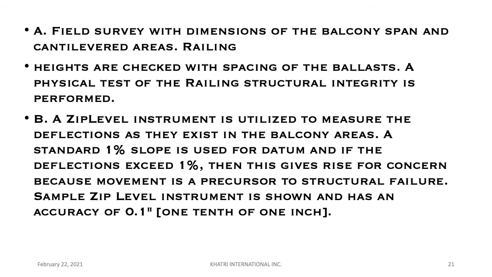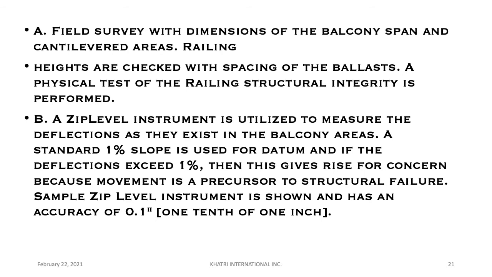The scope of work that's normally done on a typical inspection is a field survey. We'll check the dimensions of the balcony, the span, the cantilevered areas. We'll check the railing heights and the spacing of the balusters to make sure they're to code. We'll do a physical test on the railing structure by applying a 100-pound weight to it and see if it's in good condition. We'll do a zip level survey. I showed you a picture of that instrument to measure the deflections as they exist.